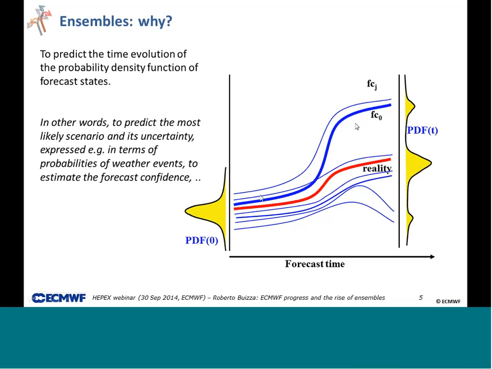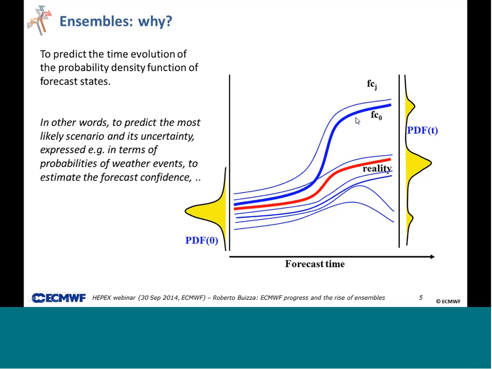As a result, if we had only one single forecast, first of all at one point we would have errors, and second, it would be impossible to know up to which point I can trust my forecast. The idea of the ensemble is to use many forecasts to estimate the initial uncertainty and then estimate the forecast uncertainty.